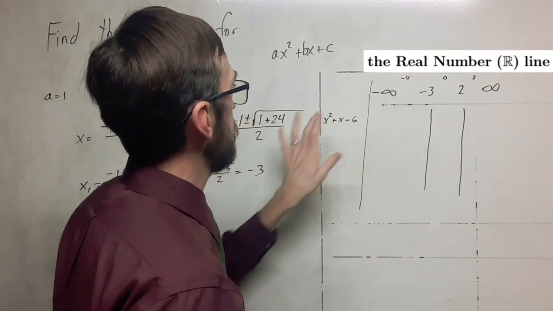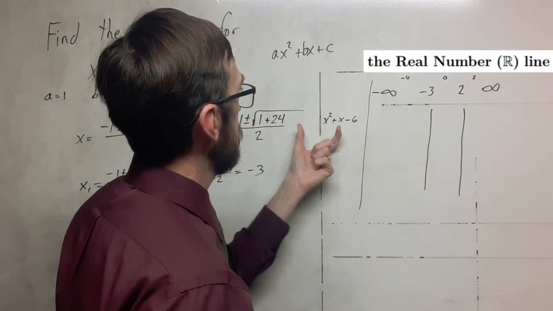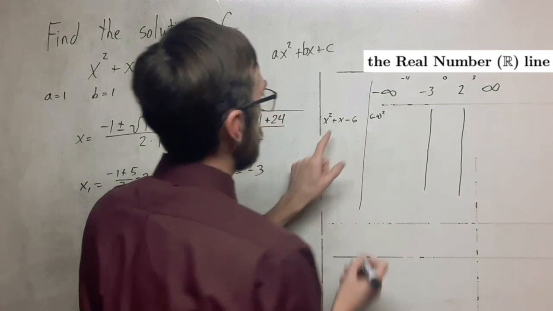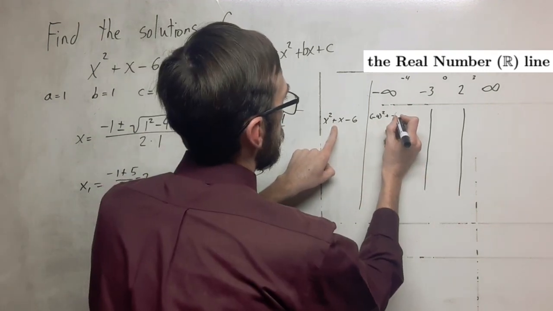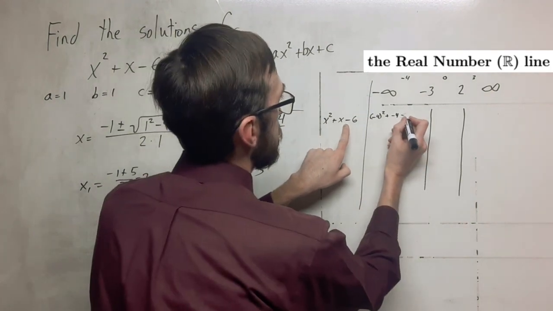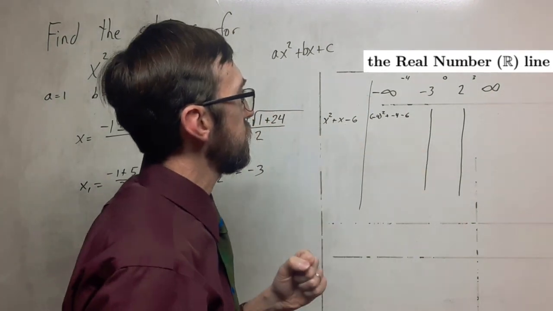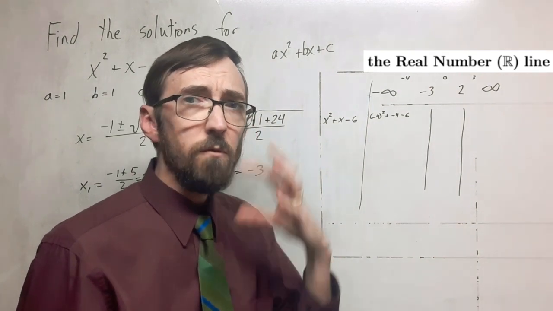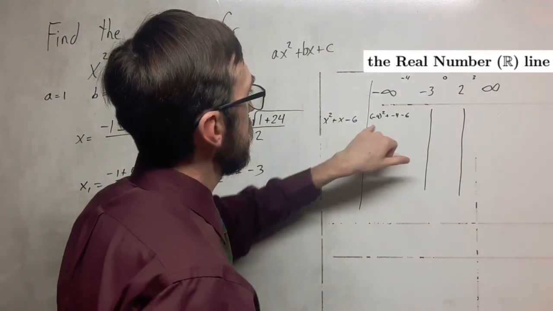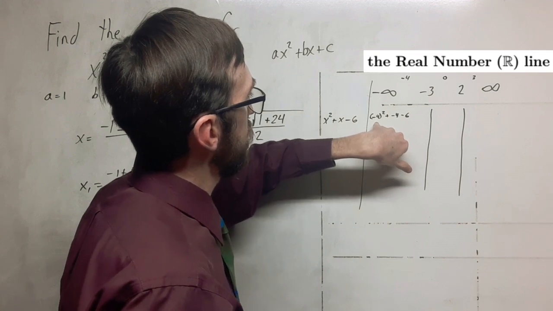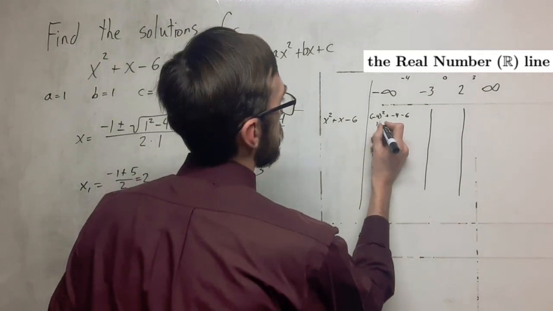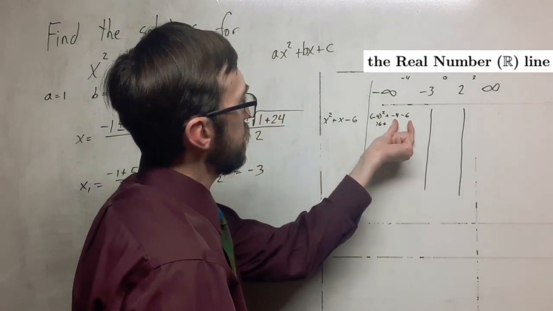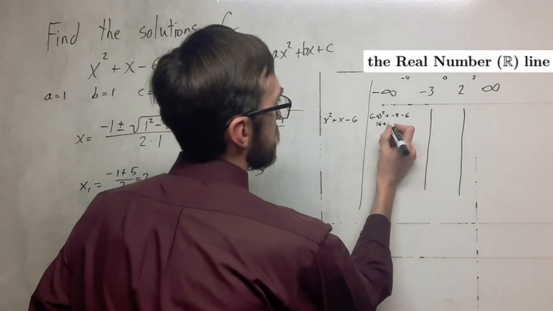Okay, if I put -4 into here, I have -4 squared plus -4 minus 6. And I want to simplify that, and really all I care about is the sign itself, not the actual value. -4 squared is going to be a +16, and that's going to be plus -4 minus 6 is -10.